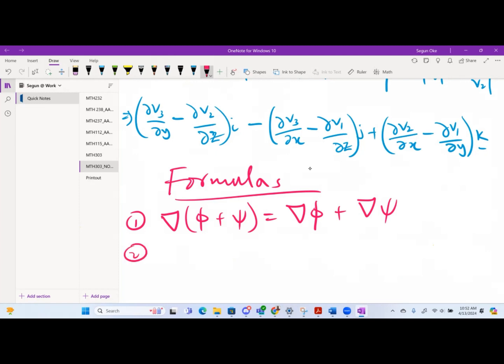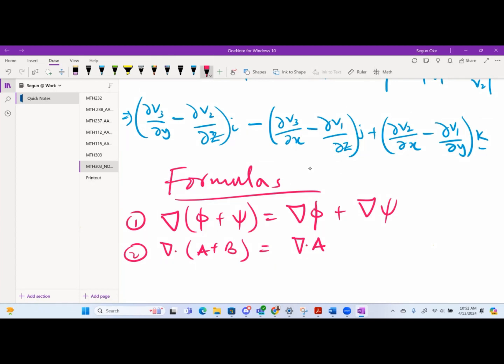Then 2, when you have del of A plus B, it will be equal to del dot A plus del dot B. Look at it.